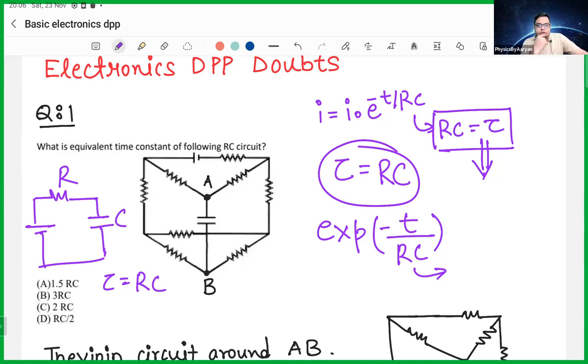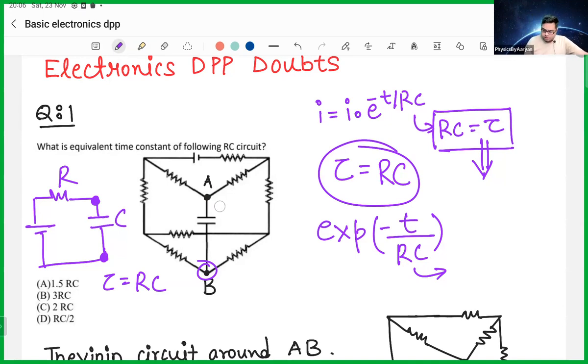Okay. So in order to simplify the circuits, we studied the very first lecture, Thevenin theorem. So whenever you have to simplify the circuit, we use Thevenin, and in this also we will use Thevenin. So we need to do the Thevenin circuit around the capacitor. Basically, what is the resistor connected across the capacitor, right? This is what we want to know. How much resistor is connected between the capacitor or with the capacitor.